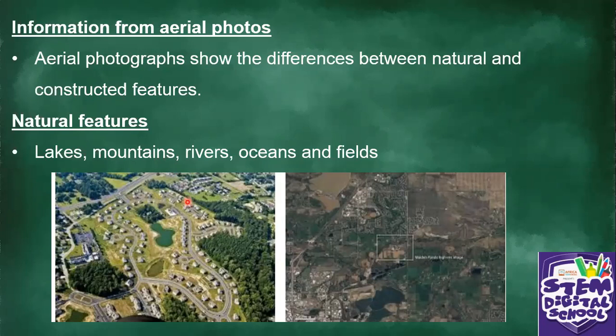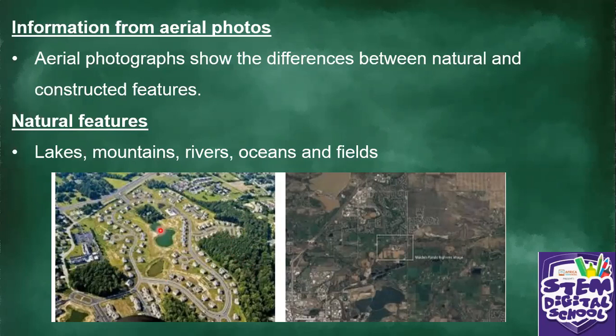Now, these aerial photos are showing the natural features. Let's identify the natural features here. In this picture, we can see the trees. We can see the green color here. Which other natural feature do we see?